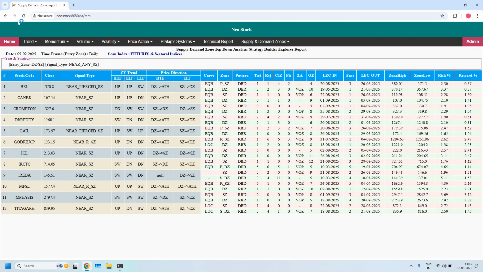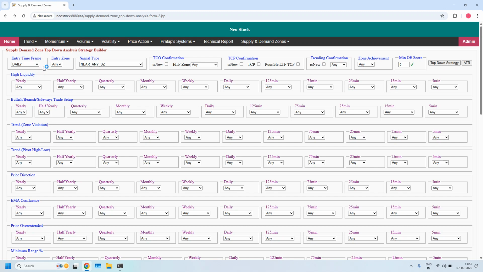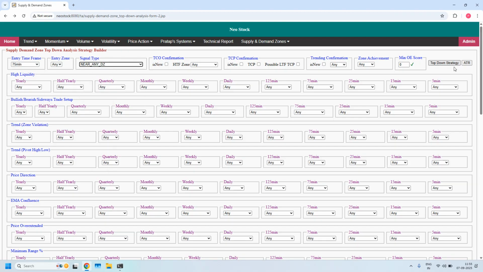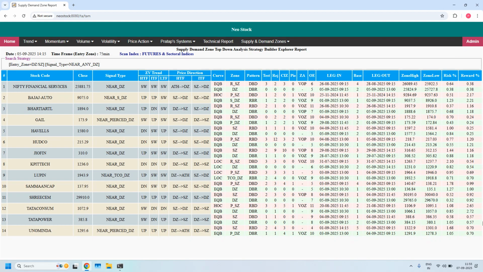Okay, next time frame is 75 minutes. For 75 minutes time frame, stocks near to the 75 minutes demand zone, we got 14 stocks. Let us identify high priority 75 minutes demand zones from this list.